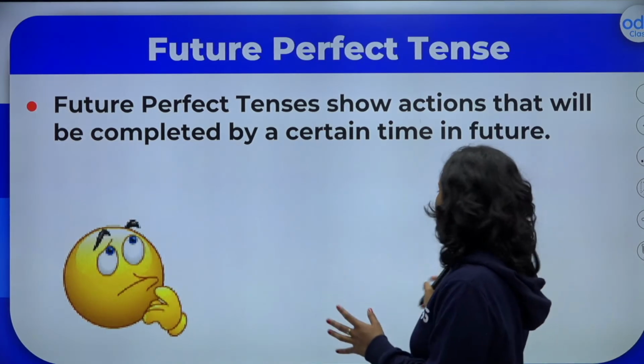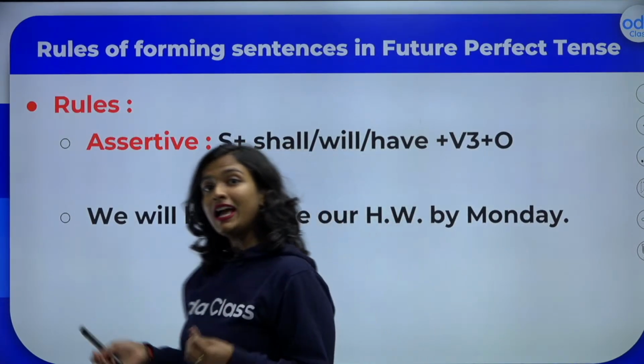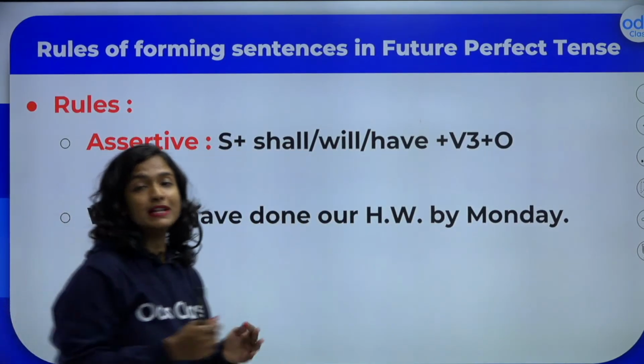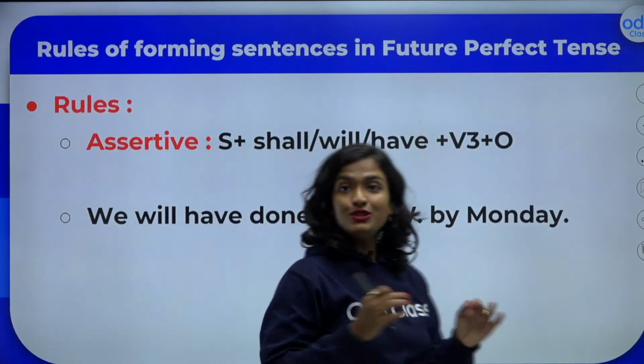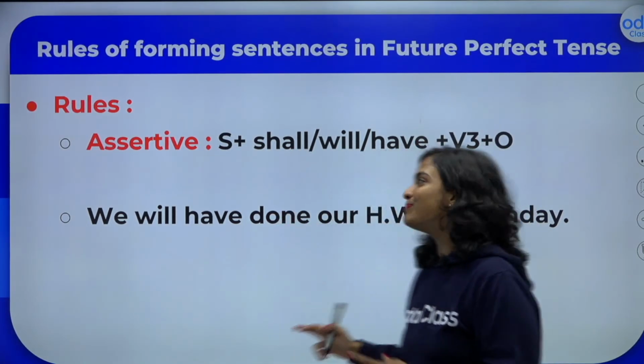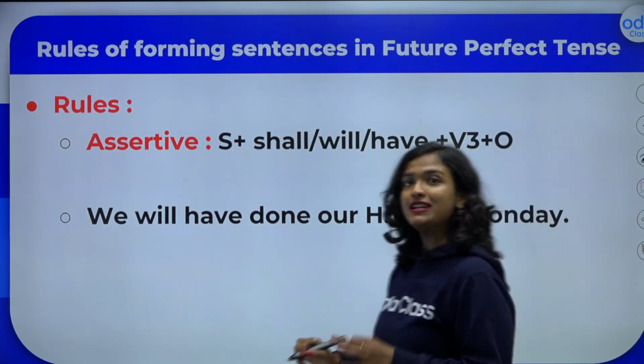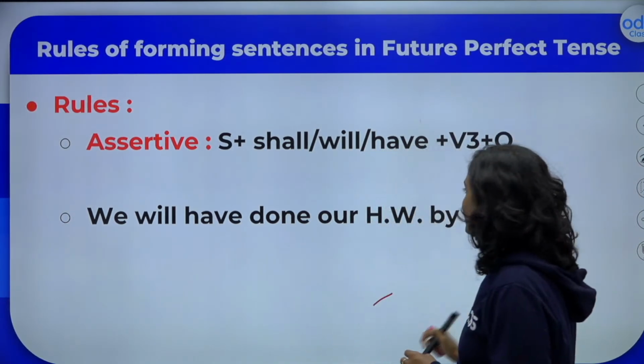Let's take an example to understand this, students, right? We will have done our homework by Monday. So students, notice, we will have done our homework by Monday. This is not the most straightforward one, students, so pay attention here. What are we learning?